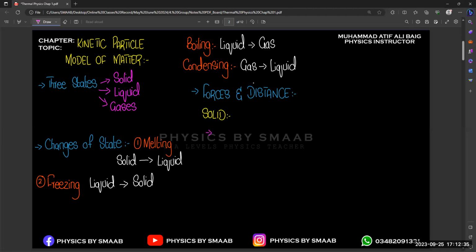So they have very strong intermolecular forces, and they can only vibrate about their fixed position.